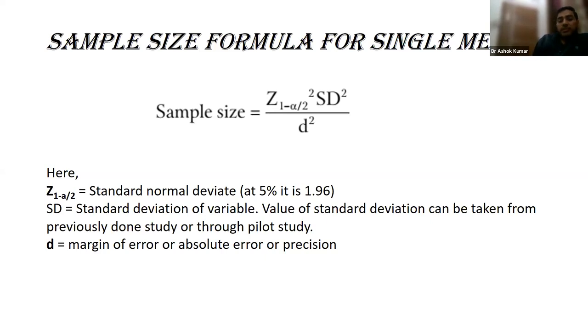We can do a pilot study, but sometimes we cannot. So we take expert opinion or clinical experience, and we can assume also. D is also the margin of error, absolute error or precision. With one example, we will discuss this formula.